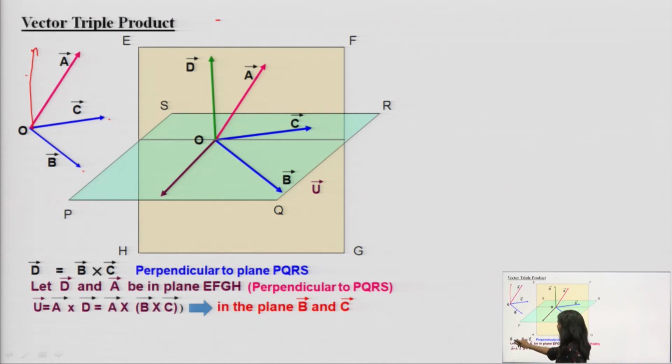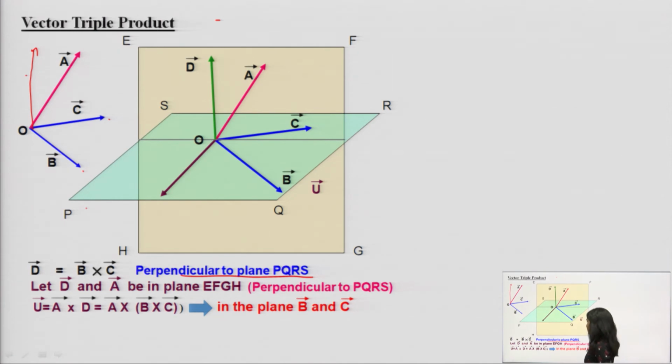Here let D be the cross product of B and C, which is perpendicular to the plane PQRS. Suppose this is the PQRS. In this plane we have two vectors, B and C. Then the cross product of B and C, D, will be perpendicular to this plane.